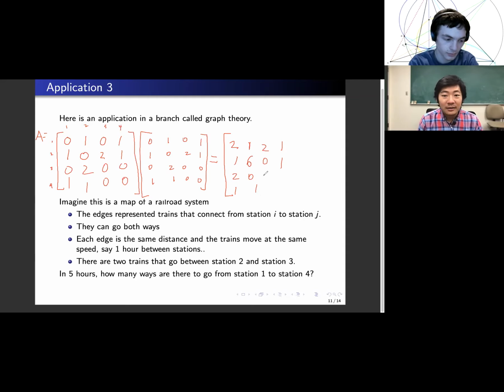And then let's see, row 3 times column 3 is 4. And row 3 times column 4 is 2. So this is 2. And the last one is also 2. I used a little bit of a shortcut, we used a little symmetry, which if you haven't seen this before, I'll go over in just a second.